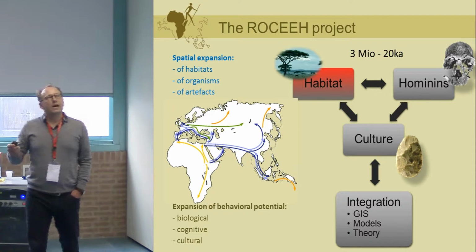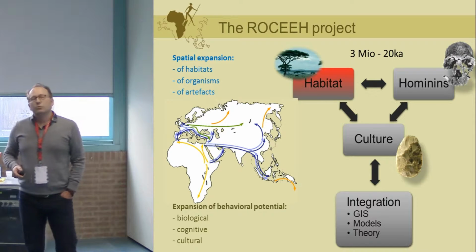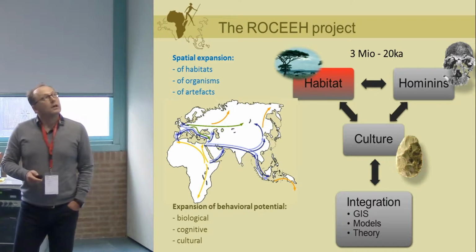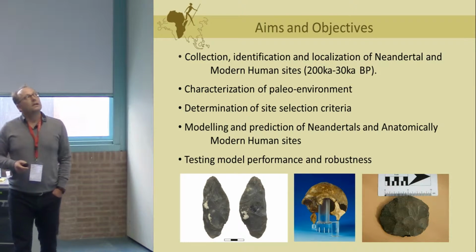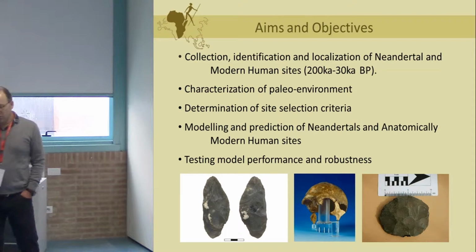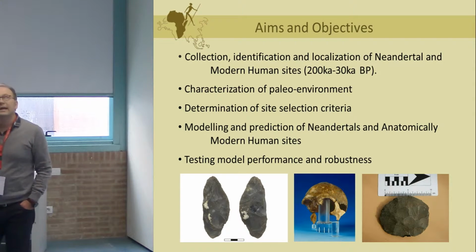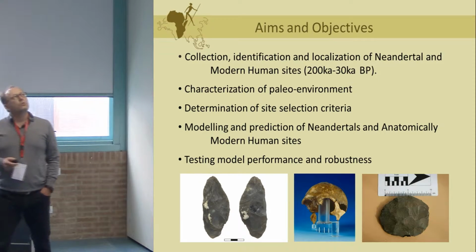So actually our time frame is around about 3 million BP to 20,000 BP, and the aim of this research is first of all the collection, identification and localization of Neanderthal and anatomical modern human sites.